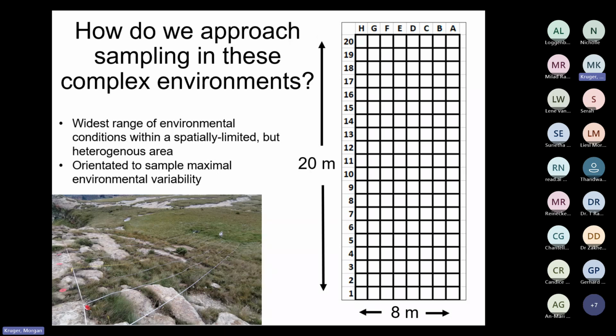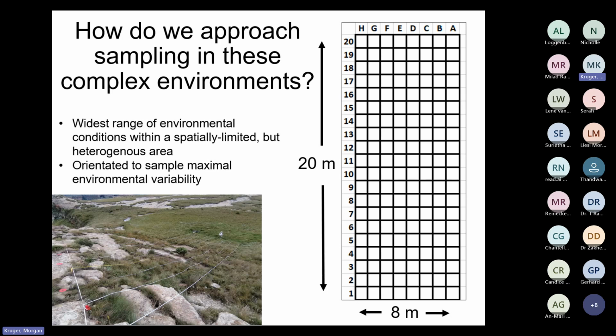The grids were located across the widest range of environmental conditions within a spatially limited but heterogeneous area. Each grid was orientated to sample maximal environmental variability, for example, covering a mesotopographic gradient or spanning a geological transition.